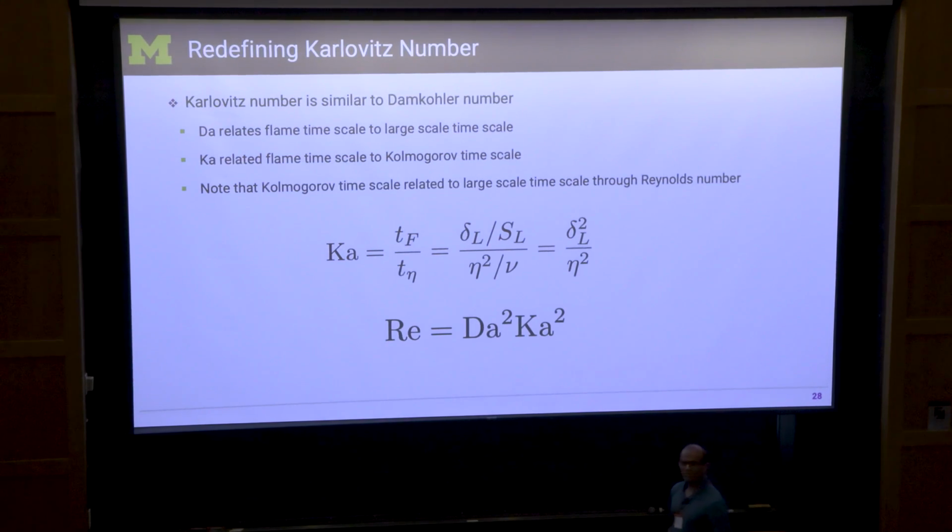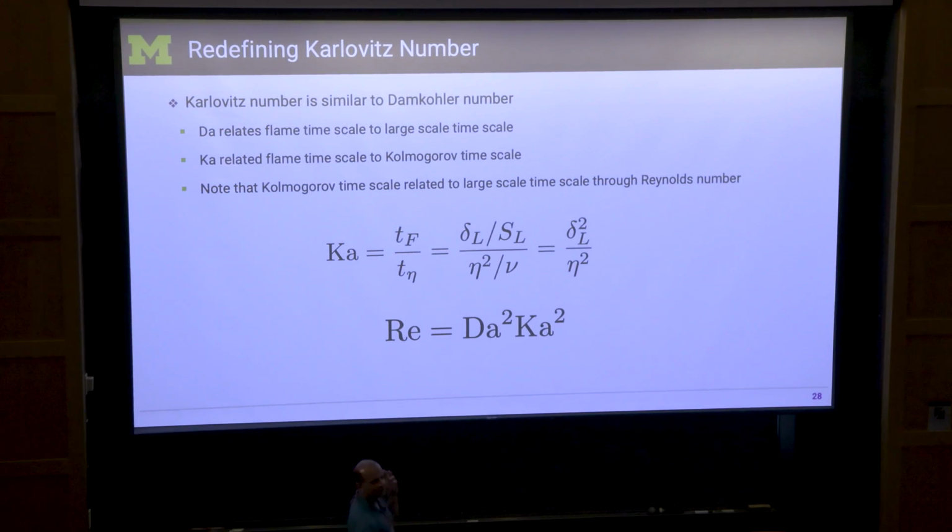So then you can do more of this, and you will introduce what's called a Karlowitz number. So Karlowitz number is similar to Damkohler number in the sense that it's also a ratio of time scales. But now instead of this being related to T0, right, the integral time scale, it's related to the Kolmogorov time scale, T eta. Okay.